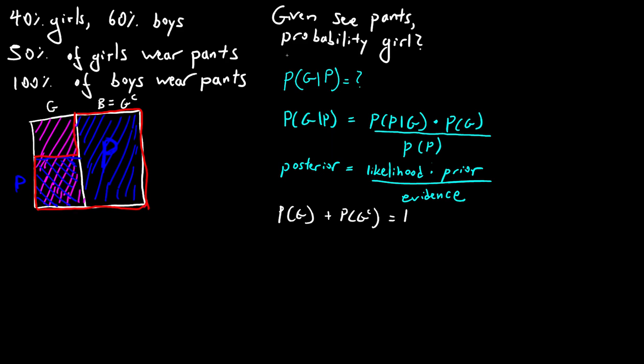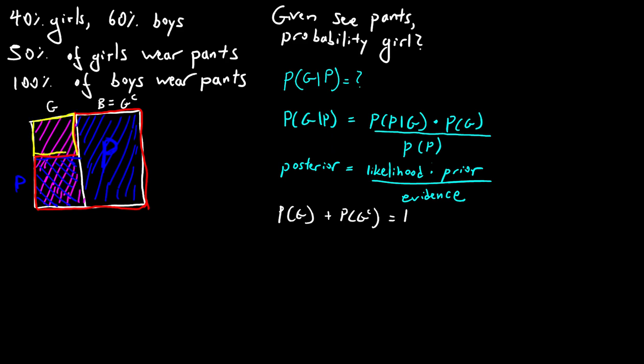Before you're given any evidence, you start out with some knowledge of the distribution of the whole population, right? In this case, it's that we have this 40% girls and this 60% boys. But as soon as we're given a piece of evidence, as soon as we see pants, we have to now cut out a section of this probability space, and that's this yellow area that I'm outlining here.